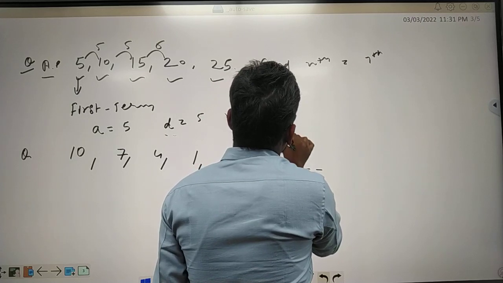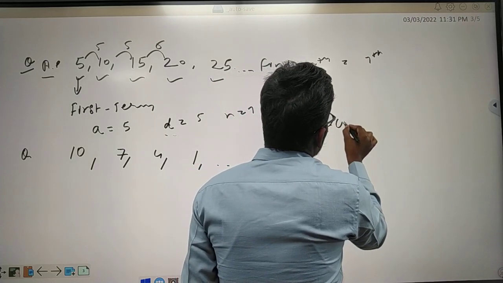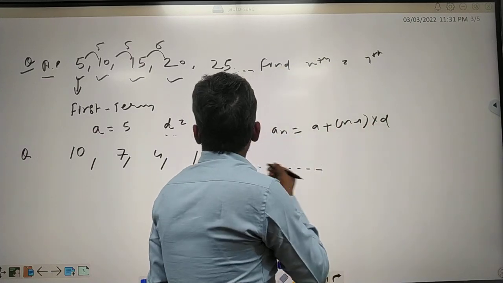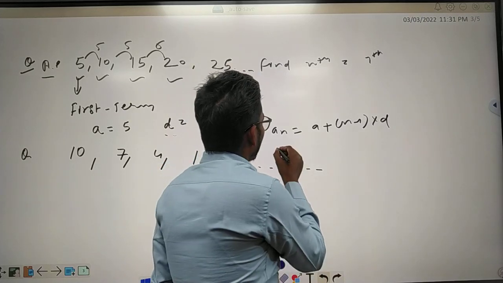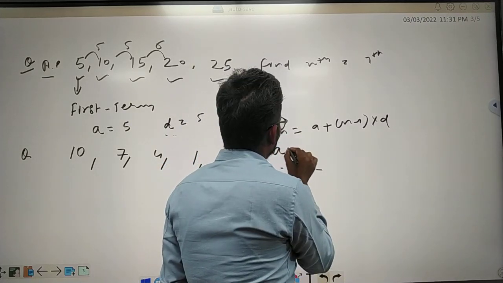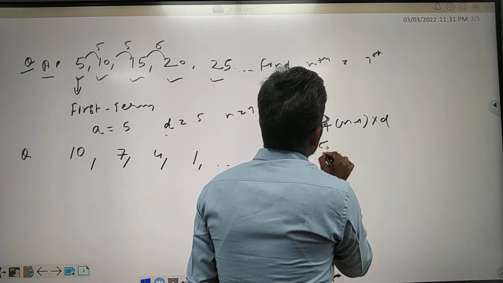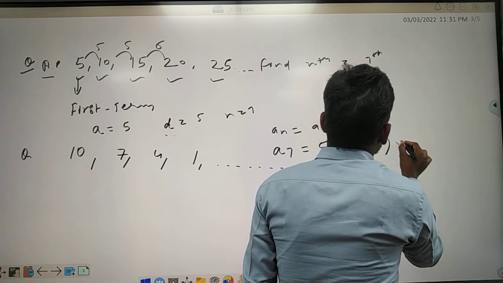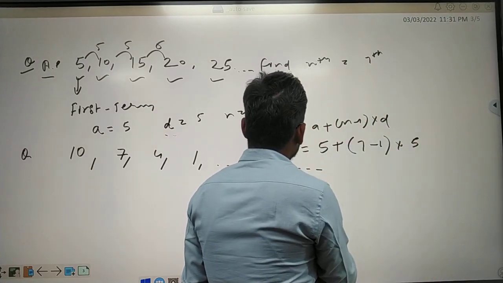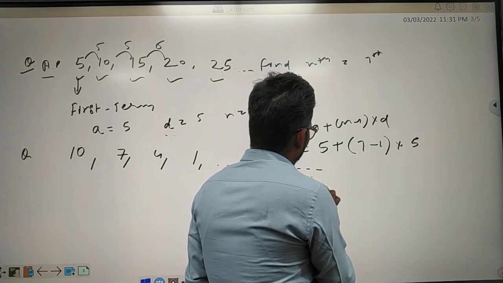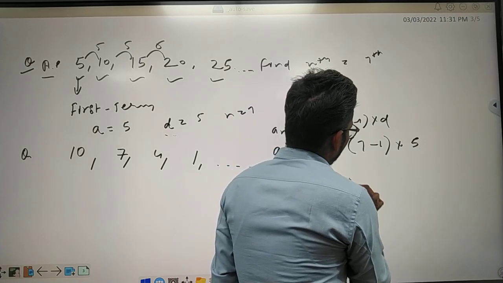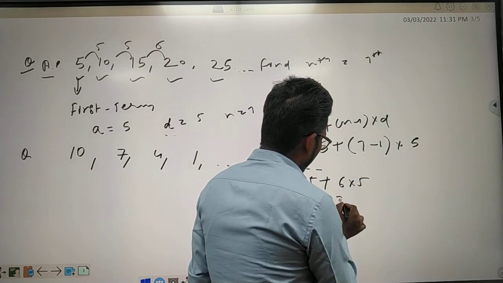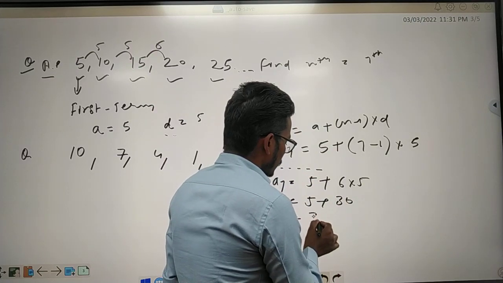The formula is An equals a plus n minus 1 into d. Put in the values from the given question: n is 7, a is 5, d is 5. So An equals 5 plus 7 minus 1 into 5, which is 5 plus 6 into 5. 6 multiplied by 5 is 30, and 5 plus 30 is 35.